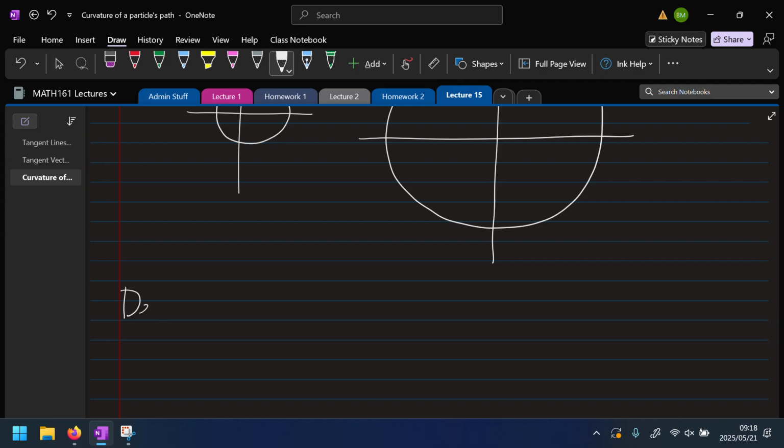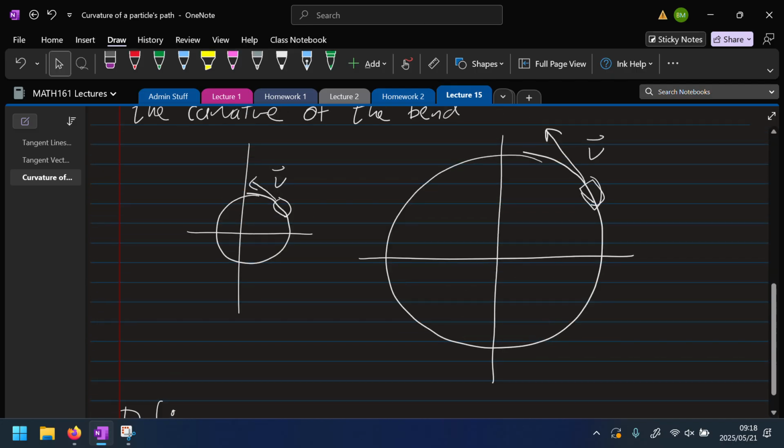So, definition. Before we get to that, is everyone okay with the two pictures? Small circle, large curvature; big circle, small curvature. Everyone's okay with that?